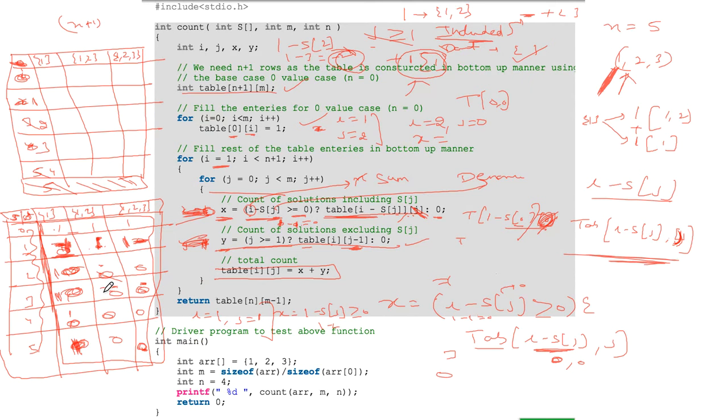x for this entry. Two, final answer. You are telling me x plus y, right?